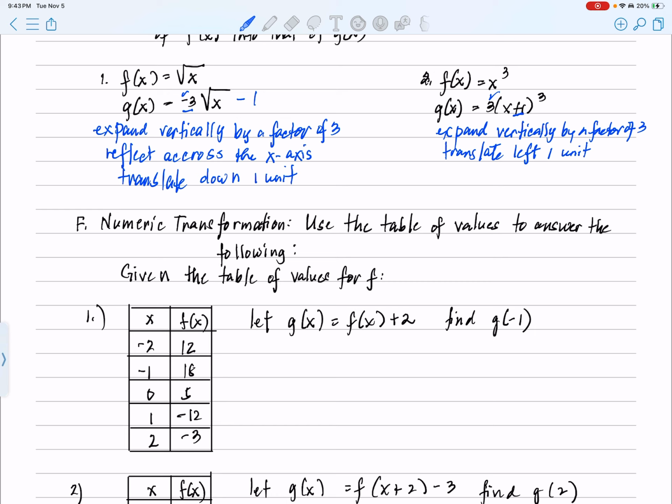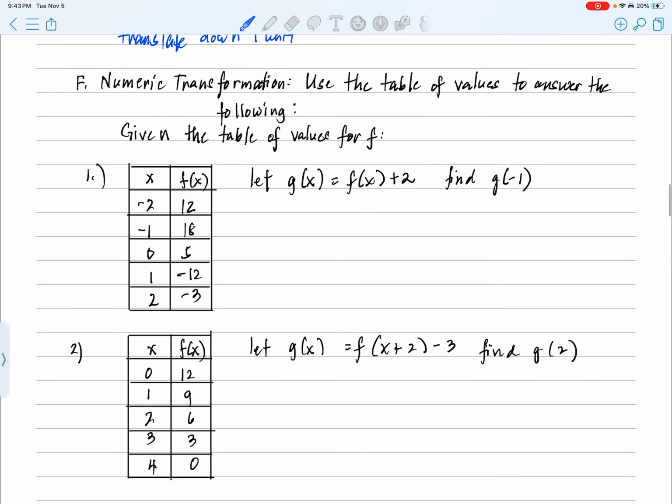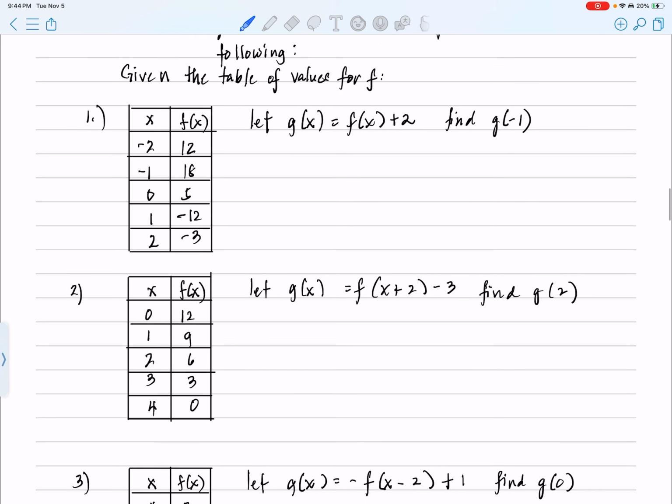Let's do this. Numeric transformation. Use the table of values to answer the following. You're given the table of values for f. Let g of x equal f of x plus 2 and find the g of negative 1. Okay. So that means we have the g of negative 1, so we can make that as f of negative 1 plus 2.